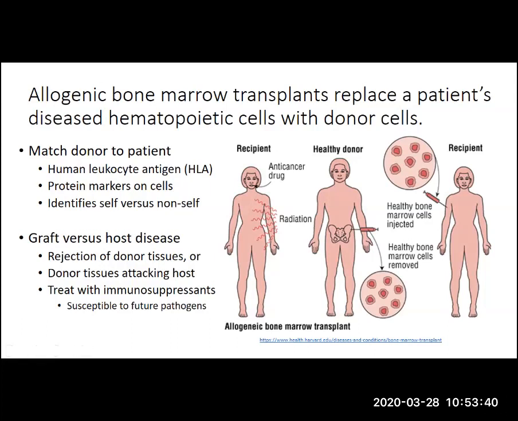And if we don't have a good HLA match, what can happen is the immune system that's created by the transplantation of these donor cells into the recipient can actually start to attack the host cells, start to kill them off, because they're going to attack what they perceive as being foreign or diseased.